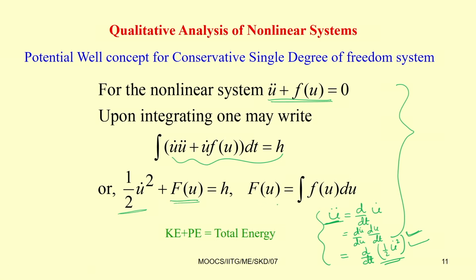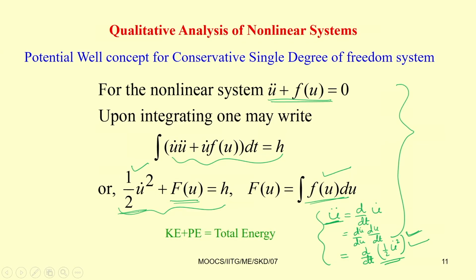Here this integral of f(u) is the potential energy and half u dot square represents the kinetic energy of the system. That means the governing equation written in terms of force can also be written using energy, and this energy equation becomes half u dot square plus F(u) equal to h.